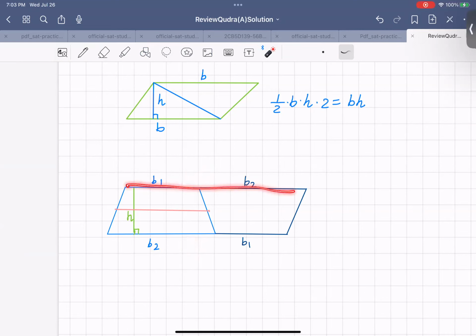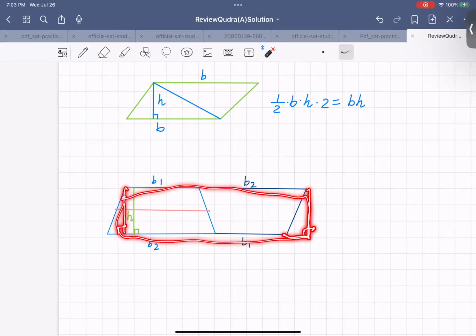And these two sides are congruent. At the same time, these two sides are parallel. Based on the parallelogram, this will be a parallelogram, correct? Yes. The base is B1 plus B2, and you have a height of h. So you can cut this triangle and fill in this triangle right here. So this area will be how much?